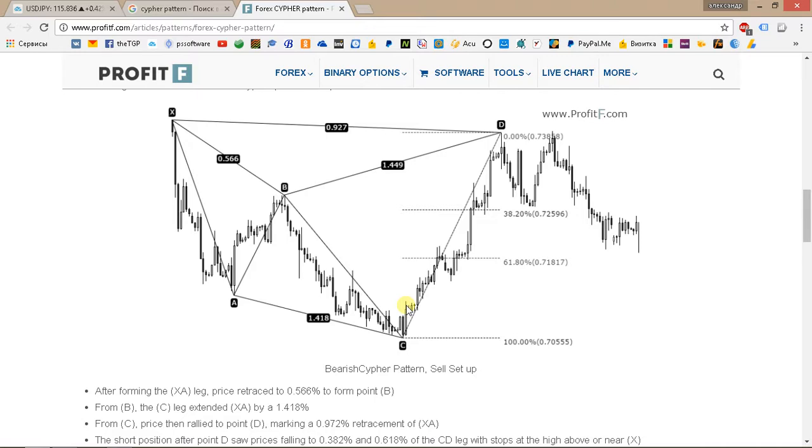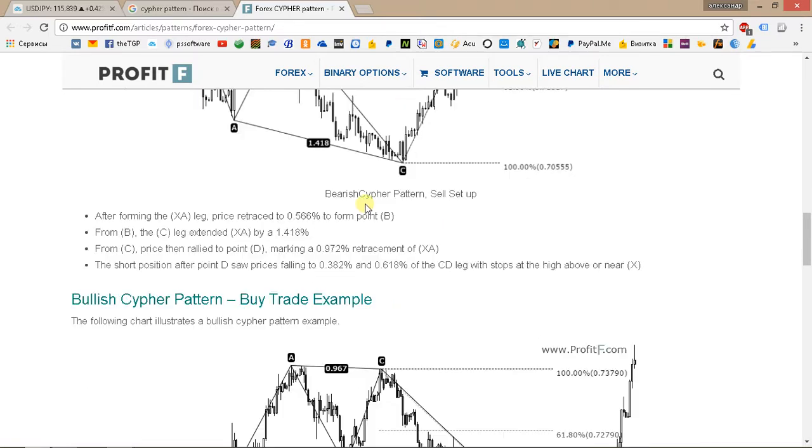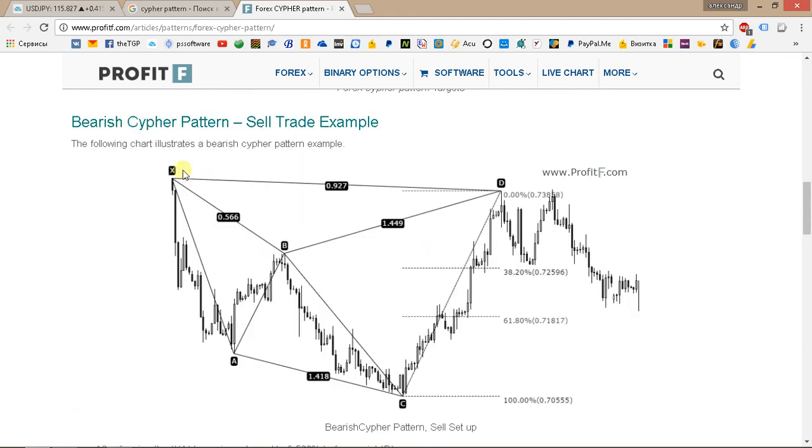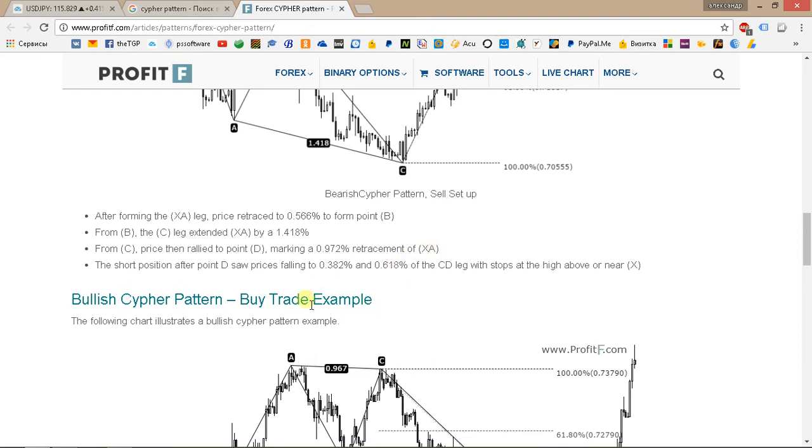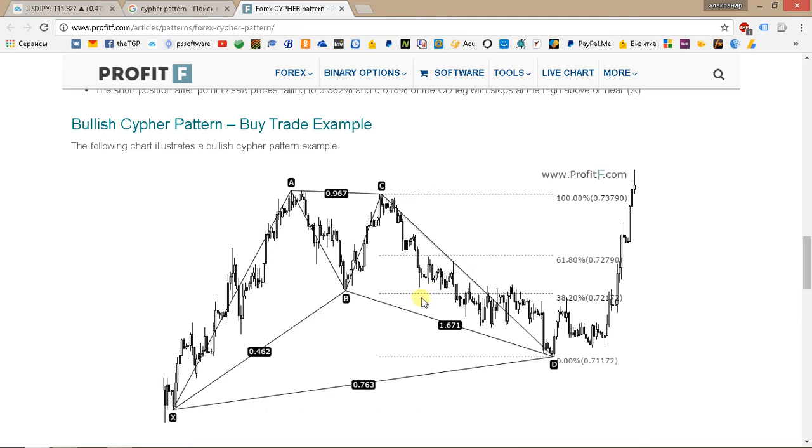Well, yes, maybe. But again, the extension is not the 972 of XA. In cipher pattern, we should measure the extension of XC when you calculate the D point. Short position, blah blah blah, and whatever else.